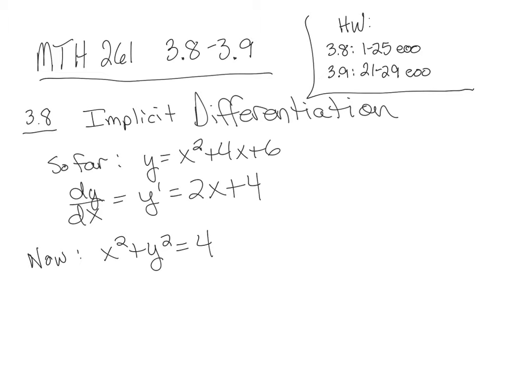Sometimes it's hard to extract the y value and rewrite as y equals. We can do it in this case, but we would get y equals plus or minus the square root of 4 minus x squared. You see that this is not a function because you have two different y values for every x.